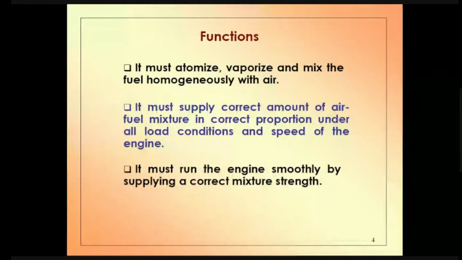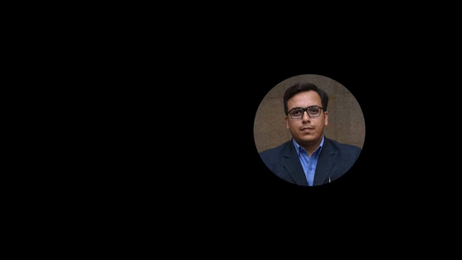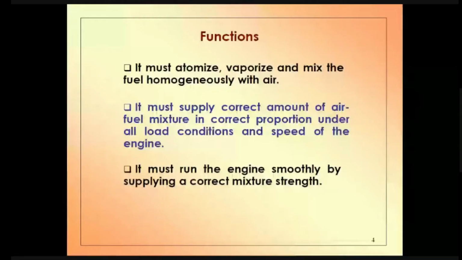So the function of the carburetor is to supply different fuel-air mixtures at different conditions of load and speed. Third, it must run the engine smoothly by supplying the correct mixture strength. So this is also an important point, or we can say a function of a carburetor.